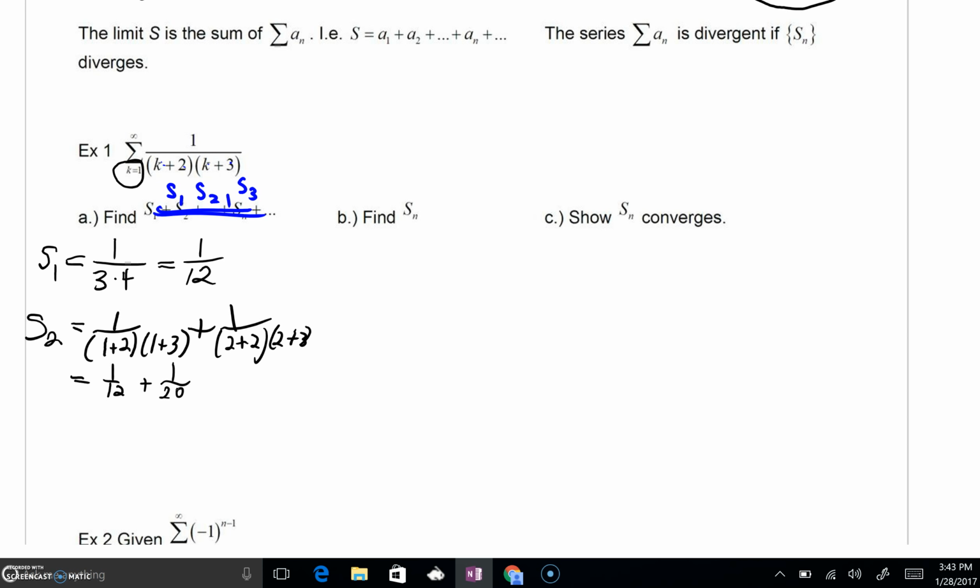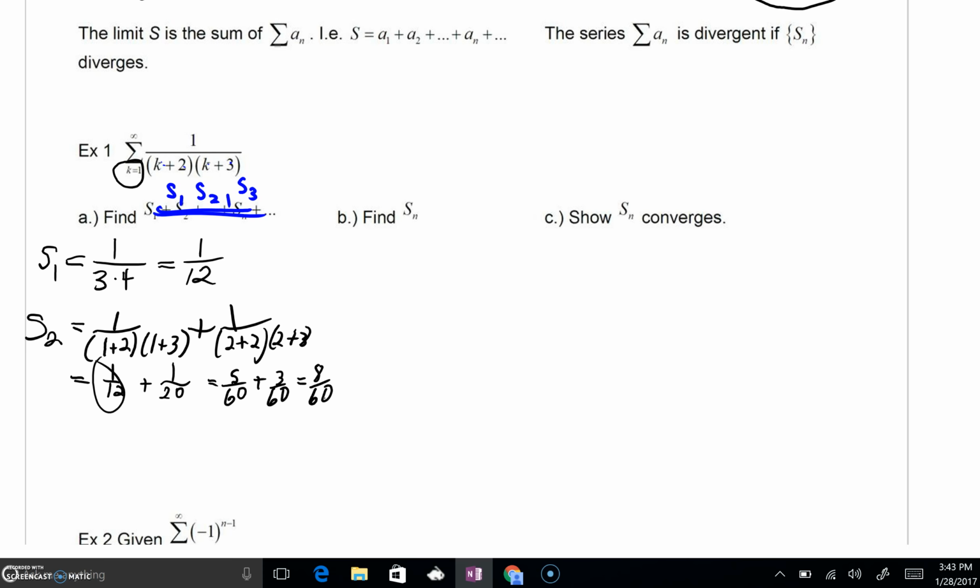It looks like a common denominator would be 60. So 1/12 is actually 5 over 60, and 1/20th, if I multiply by 3 over 3, is 3 over 60, and I wind up with 8 over 60. Of course, we could reduce that to get a simplified answer.